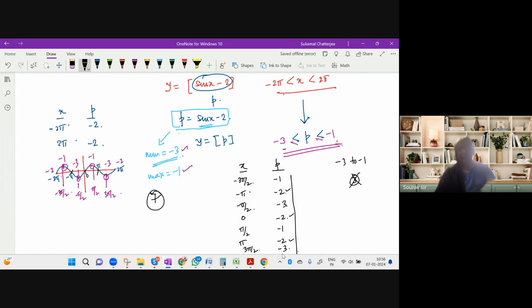Because trigonometric functions, especially sine and cos, are periodic. So the same value will get repeated multiple times depending on the range or the domain that you are looking at. So you have to be very, very careful when you're dealing with trigonometric functions.